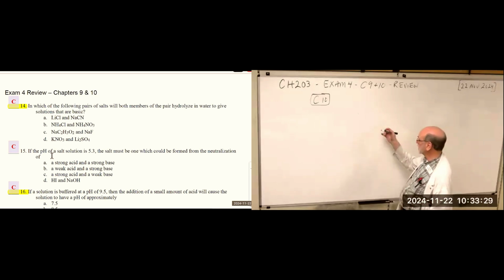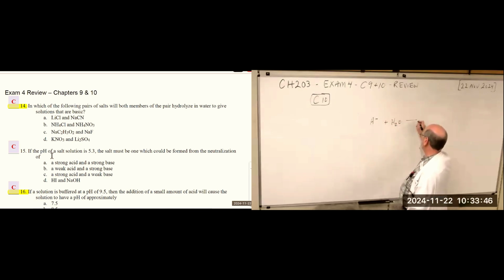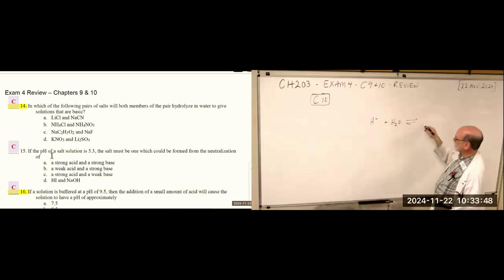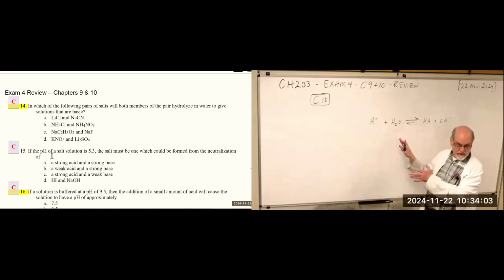So where does it get those protons? From water. It takes a proton from water, makes the weak acid, and it prefers to be over here and produces that. So the anion part of the molecule, if it's from a weak acid, that's the chemistry that gives you the basic.